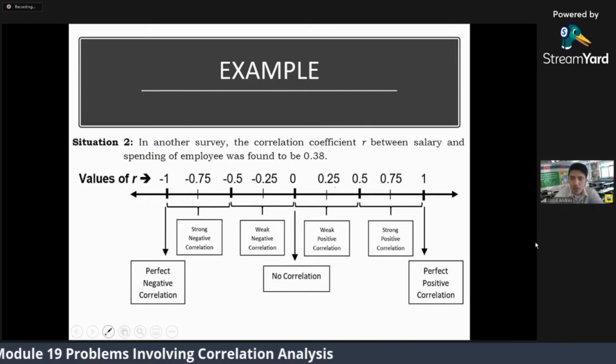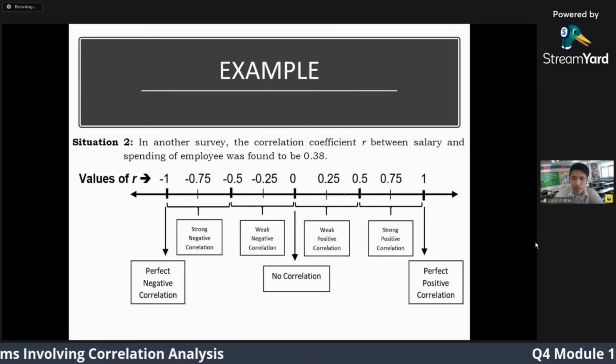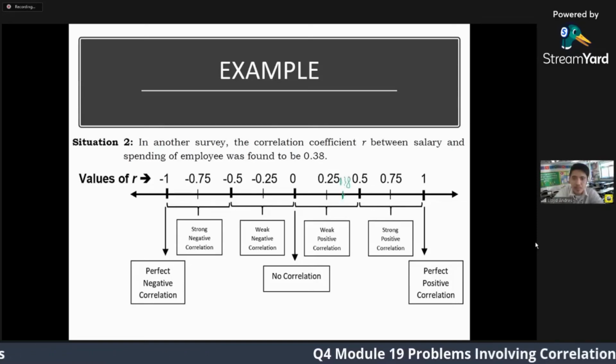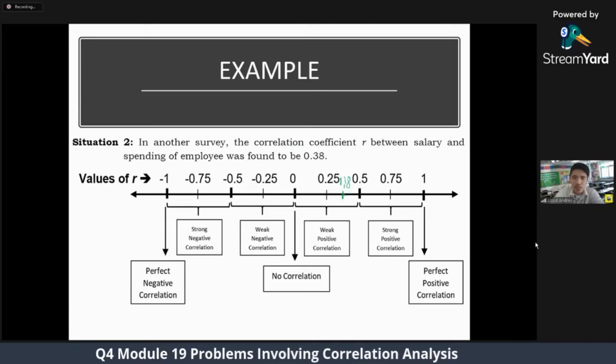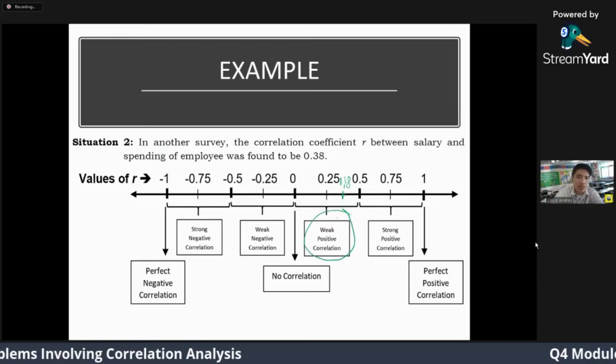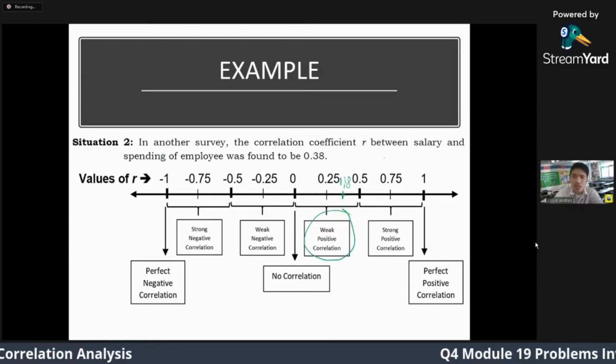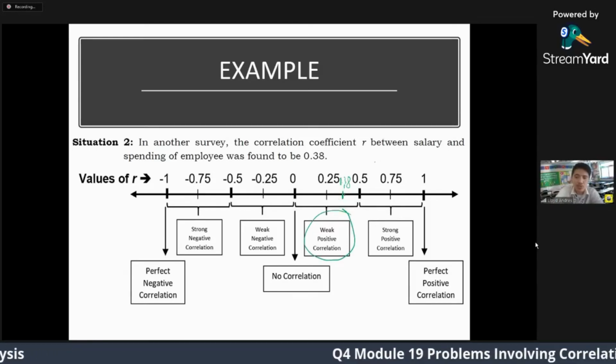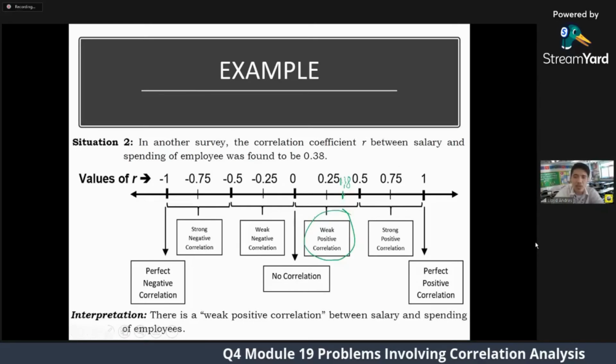Kung ato ang tan-awon sa graph, 0.38 somewhere here. Naa diri si 0.38. So meaning, between 0 to 0.5. And kung between 0 to 0.5, that is a weak positive correlation. Ay positive correlation, so therefore weak positive correlation.